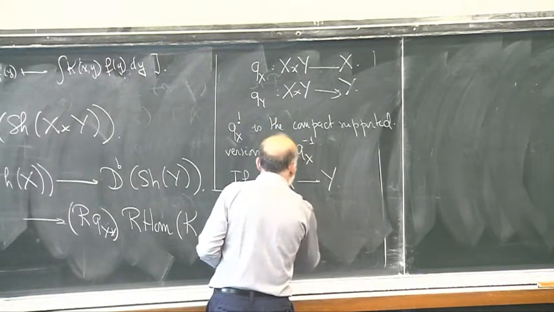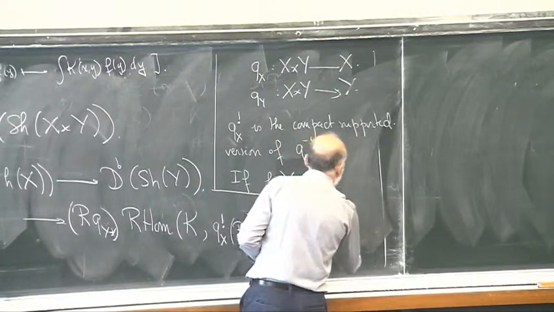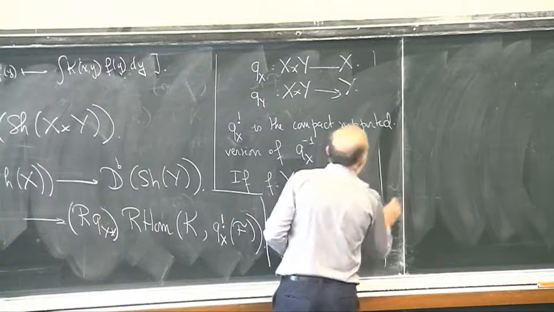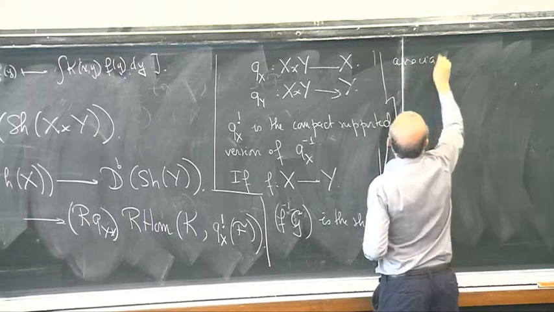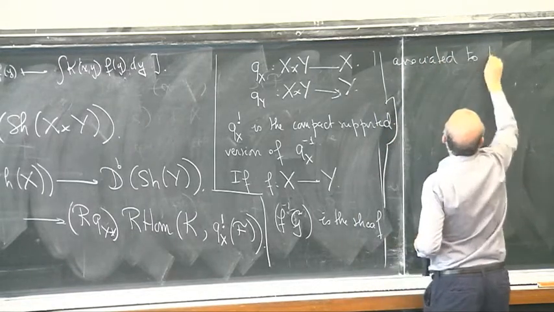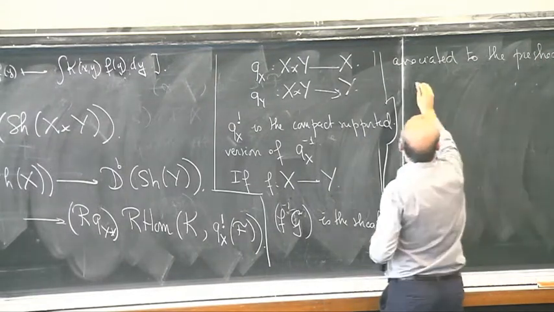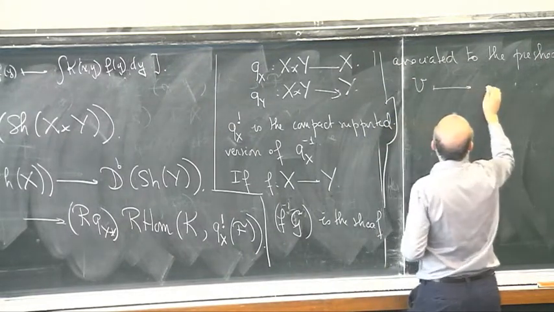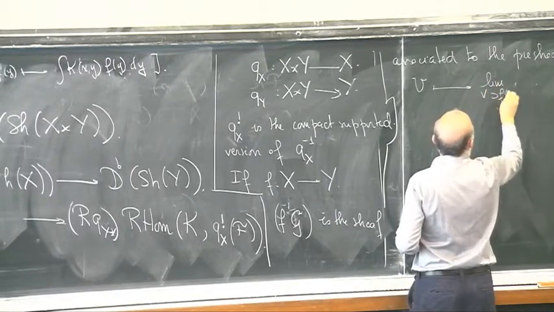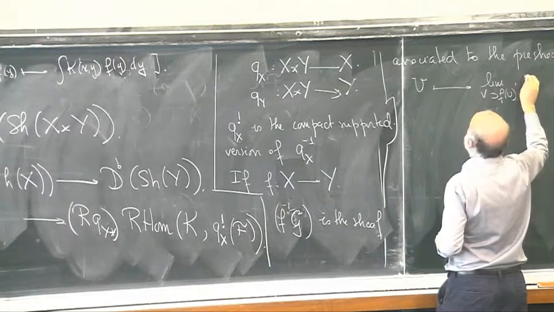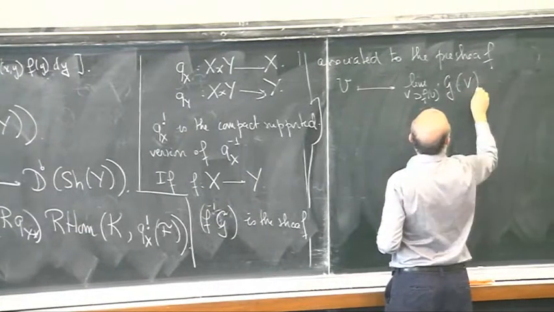Well, f minus 1 of g is the sheaf associated to the following pre-sheaf, the one which sends u to the limit, for v containing f of u, of g of v.